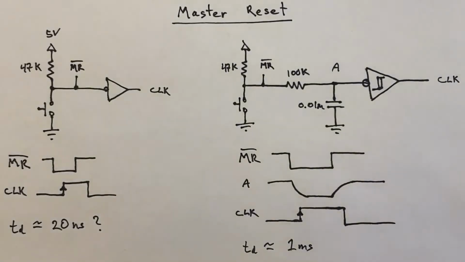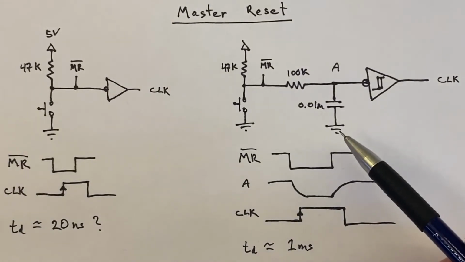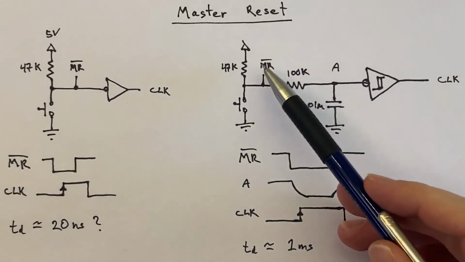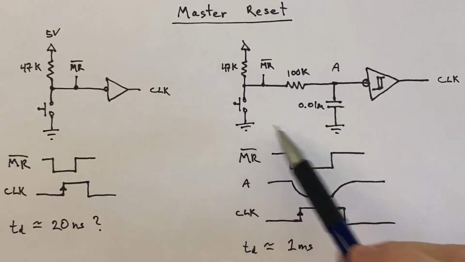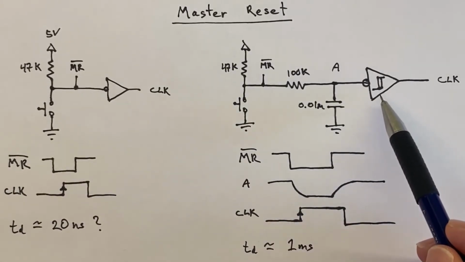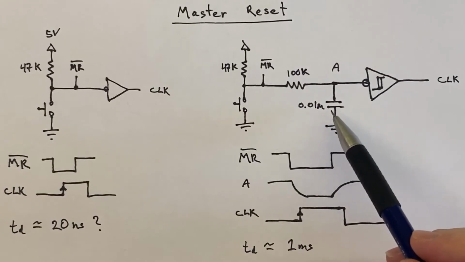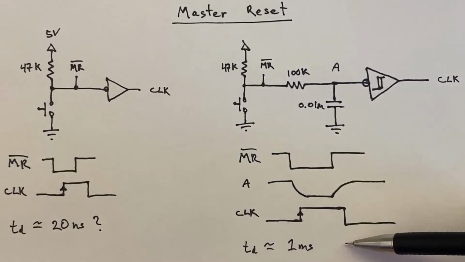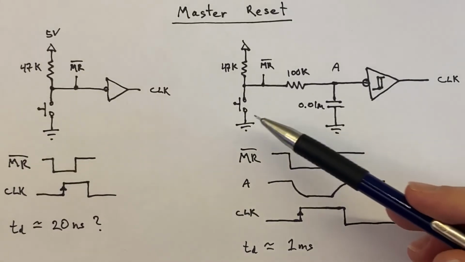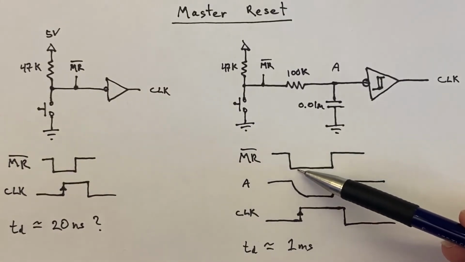A second possibility is this circuit over here. You can see it's the same setup, but in between the push button and the inverter, I placed a little low pass filter. And I have the timing diagram right down here. Once we hit the push button, the master reset goes low.